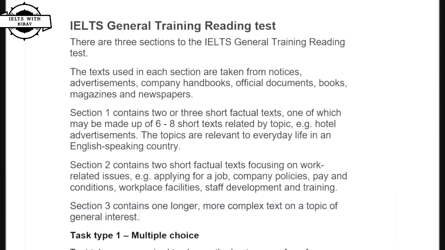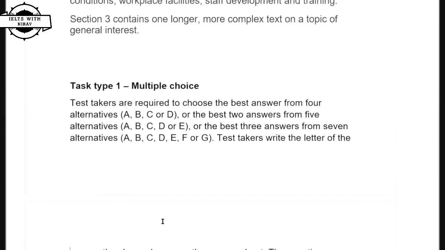Now, without wasting time, we are moving to the first type of question, which is multiple choice questions. Test takers are required to choose the best answer from 4. But there could be 4 options, 5 options, or 7 options.